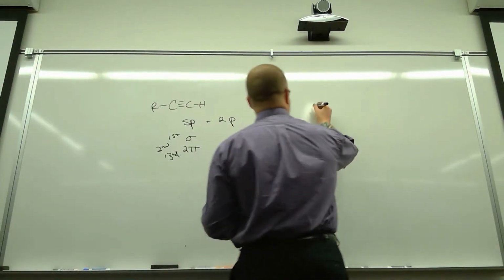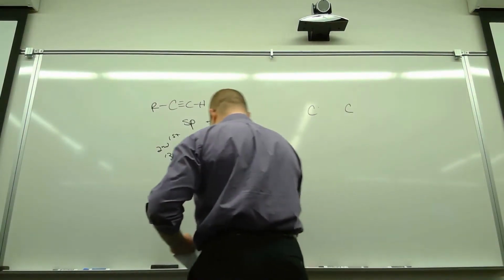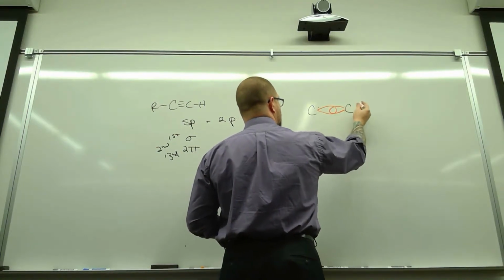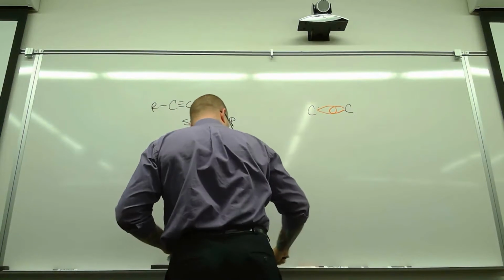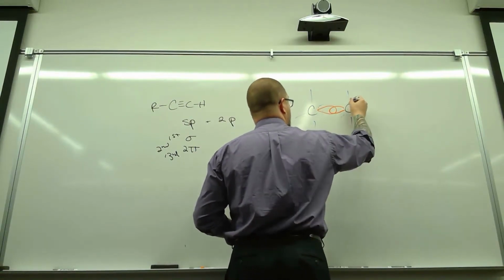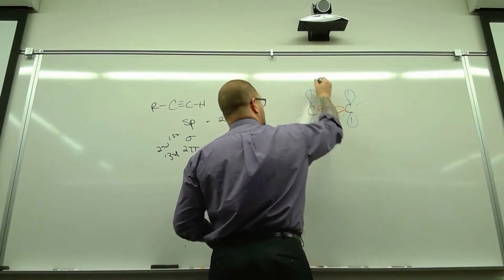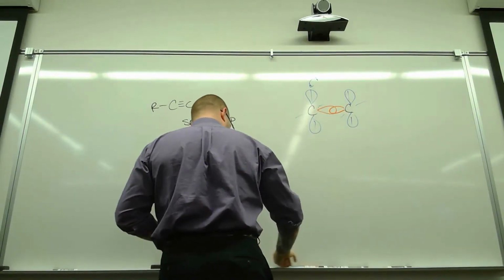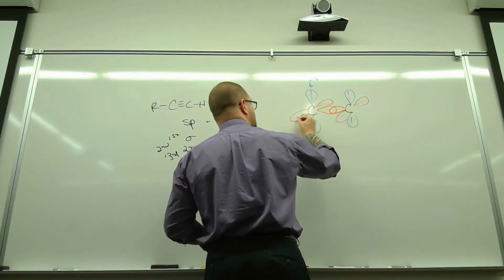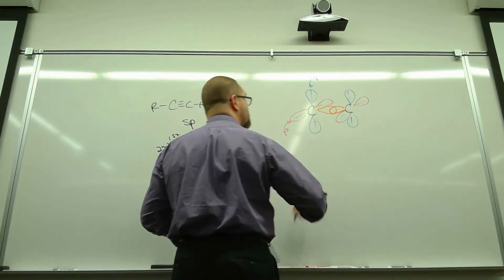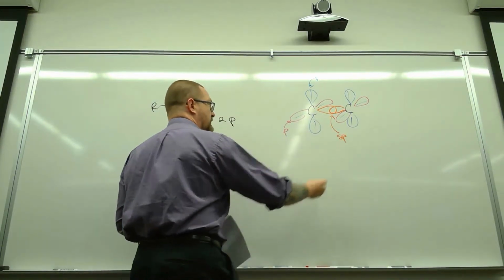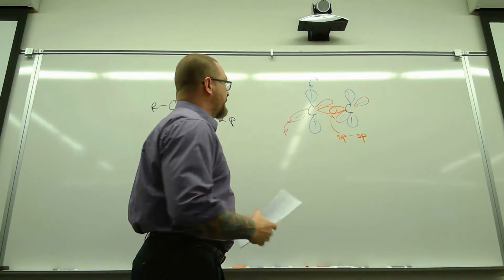So what this looks like is, I can use colors. So the first bond is our sigma bond.